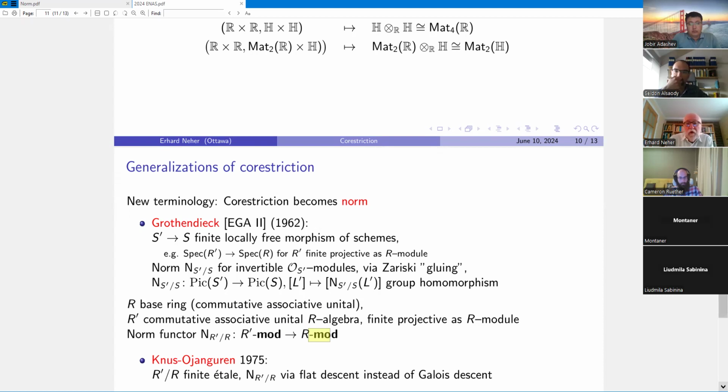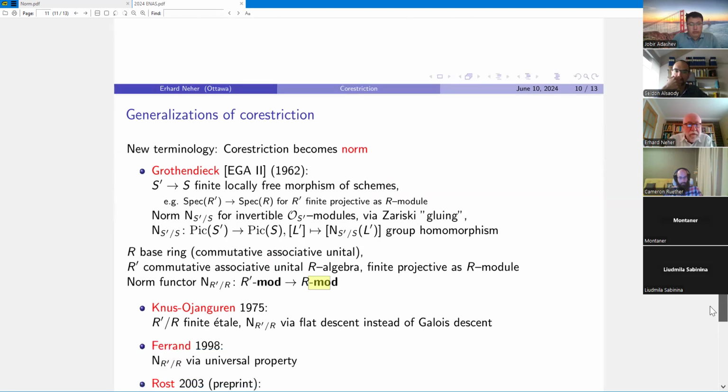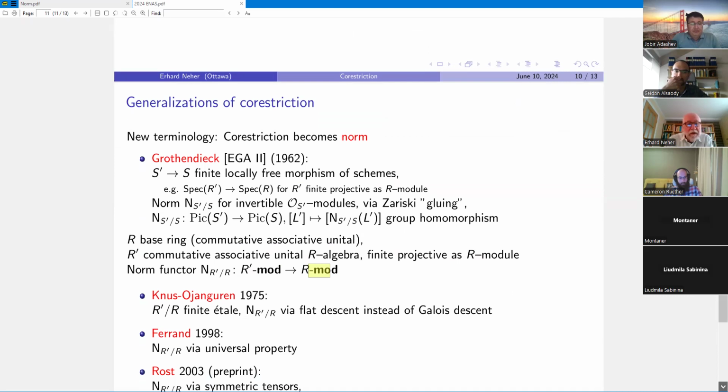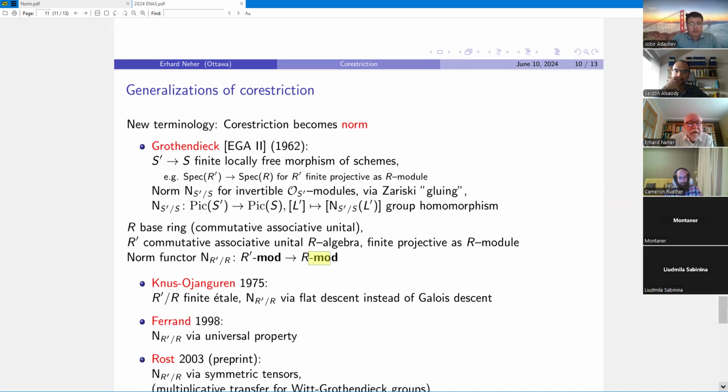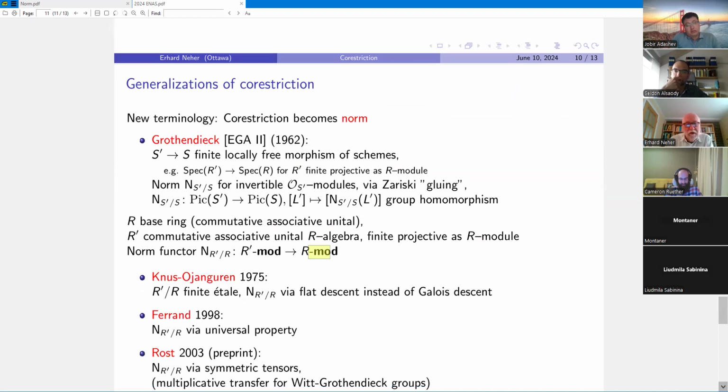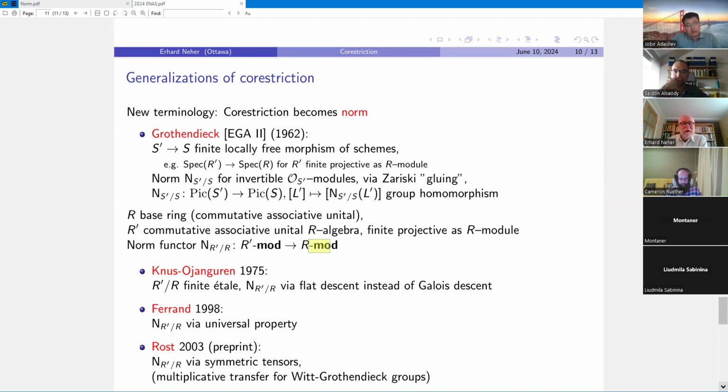There exists a more general norm functor, which was defined by Ferrat in 1988. And he defined this norm by using some universal property, which I don't want to recall here. And alas, there is also some work by Rost, which, not surprisingly, he did not publish.